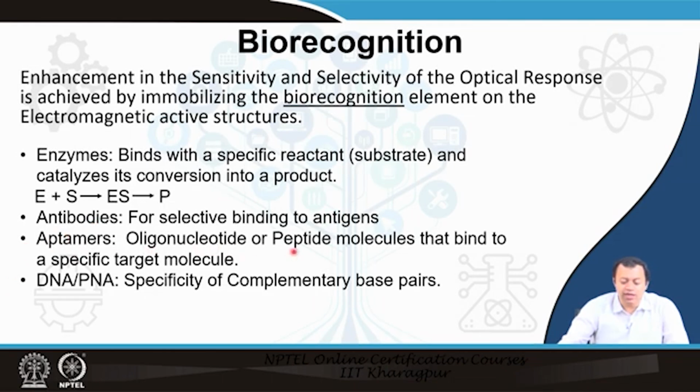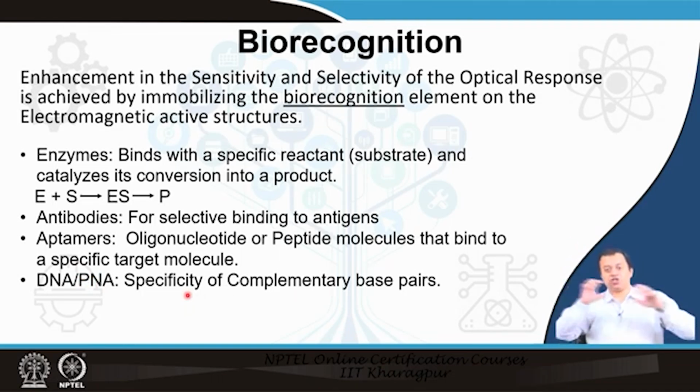Aptamers are oligonucleotides or peptide molecules that bind to specific target molecules. DNA or PNA, this is not RNA, this is PNA, peptide nucleic acid. I told you DNA has a particular strand. So, an AAAT strand will only attach with TTTA, nothing else will attach.